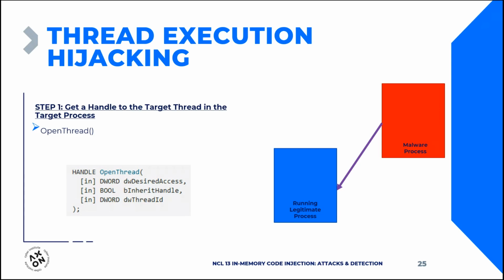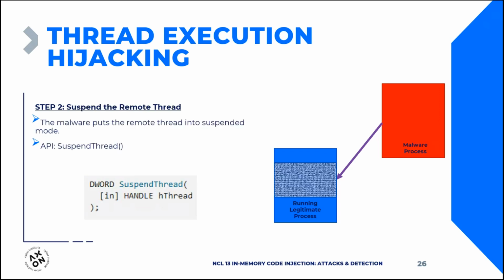So I get a handle to a thread that is running inside that process, mainly the main thread. Once I have that handle, I'm gonna command it to suspend. So I'm gonna call suspend thread.